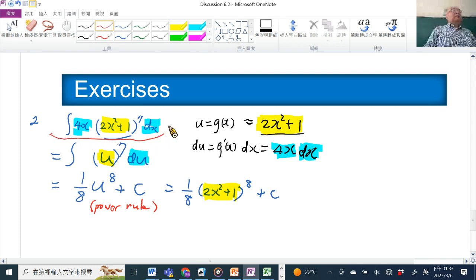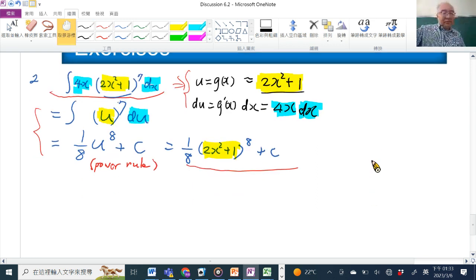It's an integration with variable x, and after the substitution, we come out in the final stage with a function of variable x. In between, through the help of the substitution u equal to g of x, it becomes a new integration format, which is very easy to follow using the rules we learned in section 6.1. Then you can come out with the final result. So this is exercise number 2 in your book.